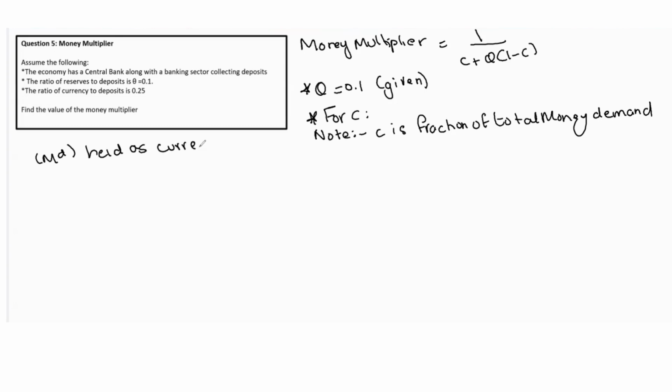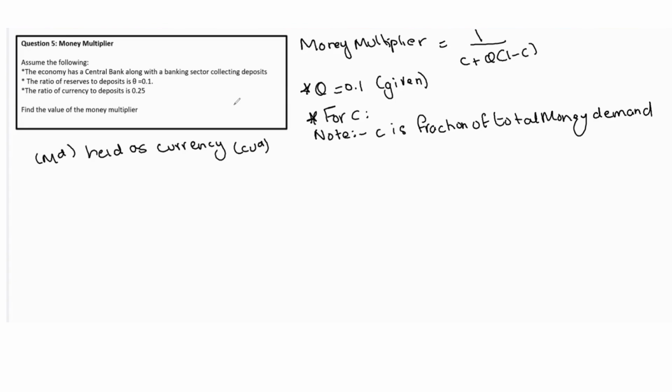Because remember, when we allow for commercial banks other than the central bank, you don't just have to decide how much of your wealth you want to keep in the form of money and how much in the form of bonds, but you also have to decide how much of that money you want to keep in the form of currency and how much in the form of deposits.